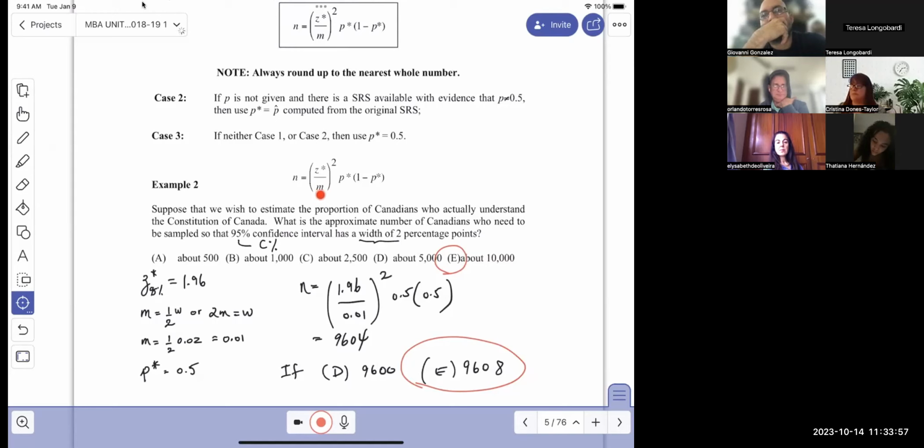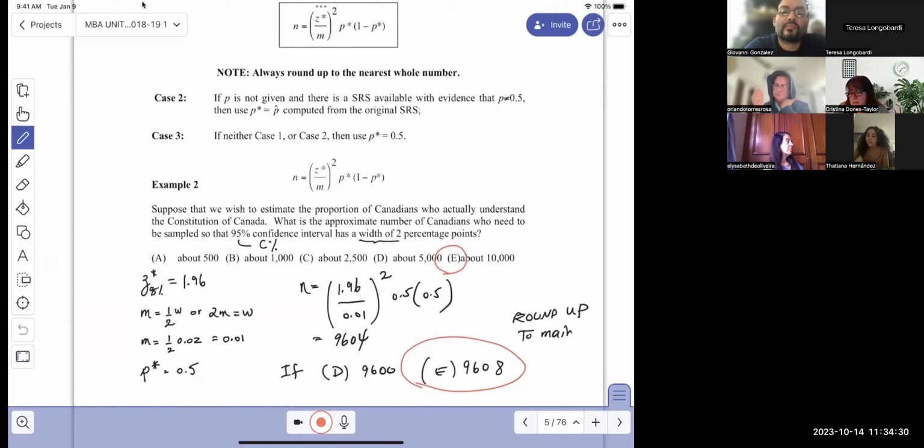So if you want to retain the margin of error, you can't choose exactly 9604 and you have to choose between these, you have to round up to make sure that you're at M or smaller in your margin, to keep it as M. You want to make the margin small, so you have to round up. And that's all I'm going to say about that.